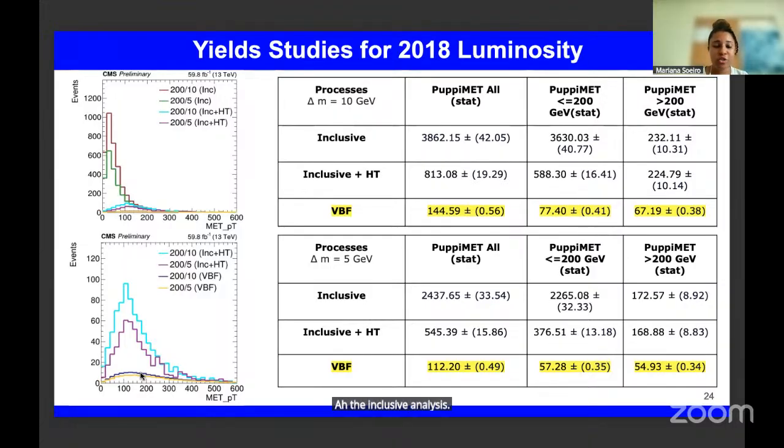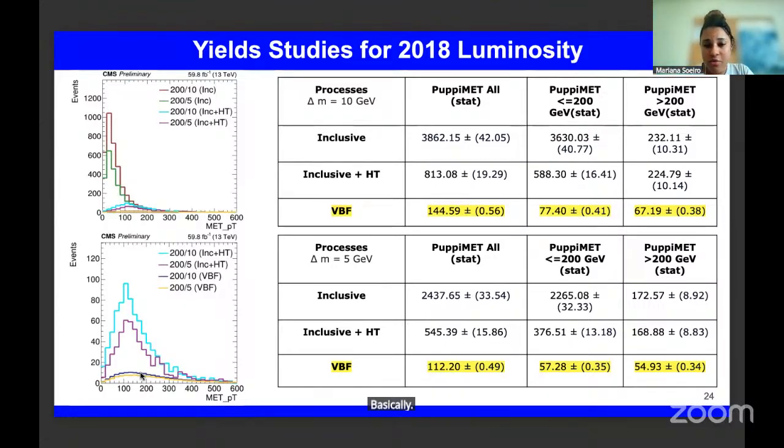What could VBF add to the inclusive? Our question is in which region we can improve with the VBF analysis.